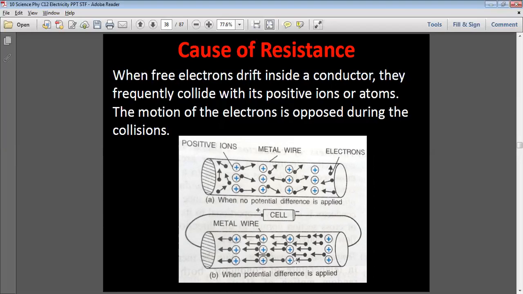But if no potential difference is applied, the cell is not connected to the wire, there is no potential difference. If the cell or battery is connected to the wire, then the potential difference is applied, and then they move from positive to negative.